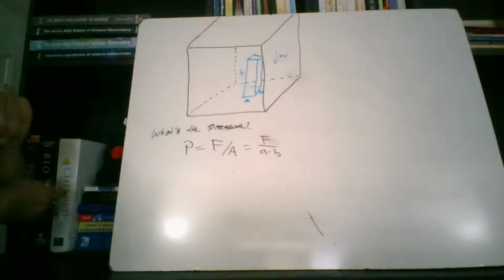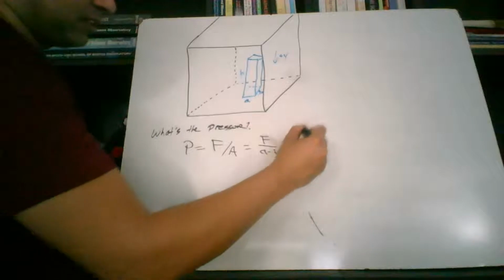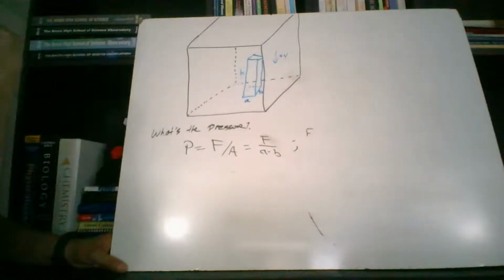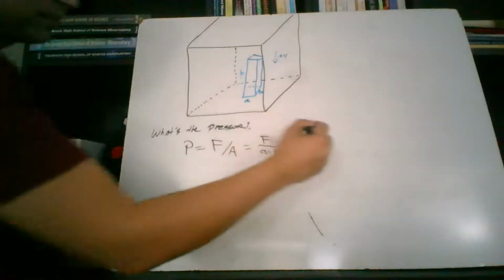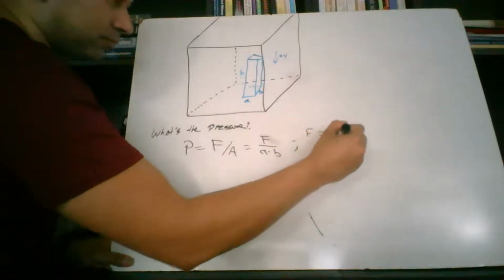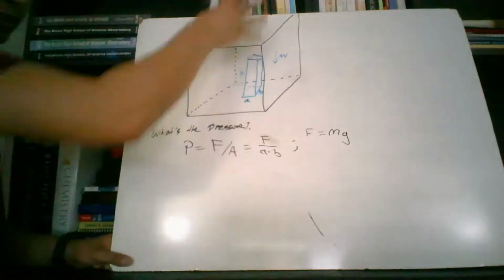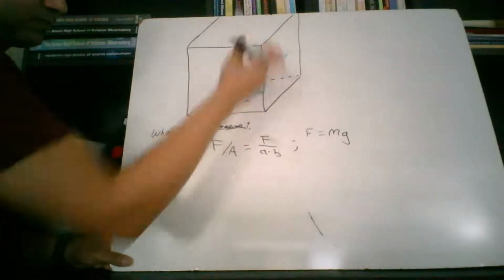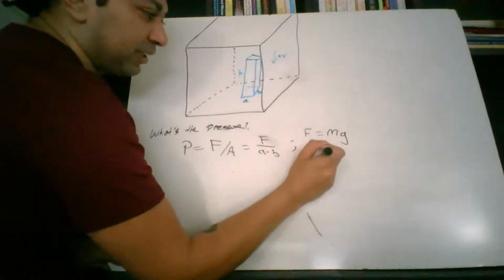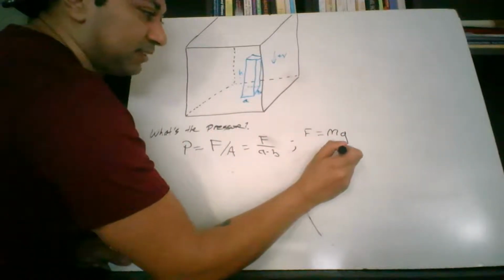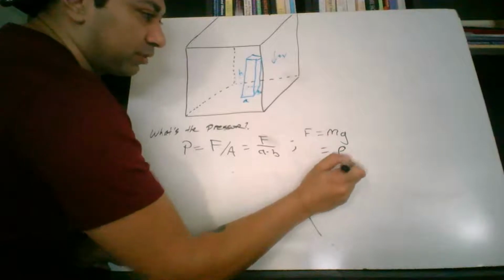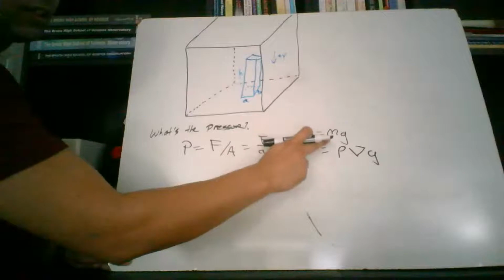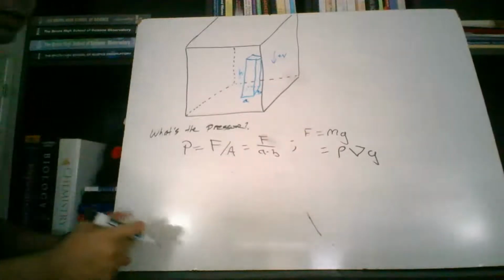Something else we can say is that the force is equal to the weight, mg. So the force that's pushing this object down is the weight of its mass. We can rewrite that as the density multiplied by the volume multiplied by g, because mass is the density times the volume.